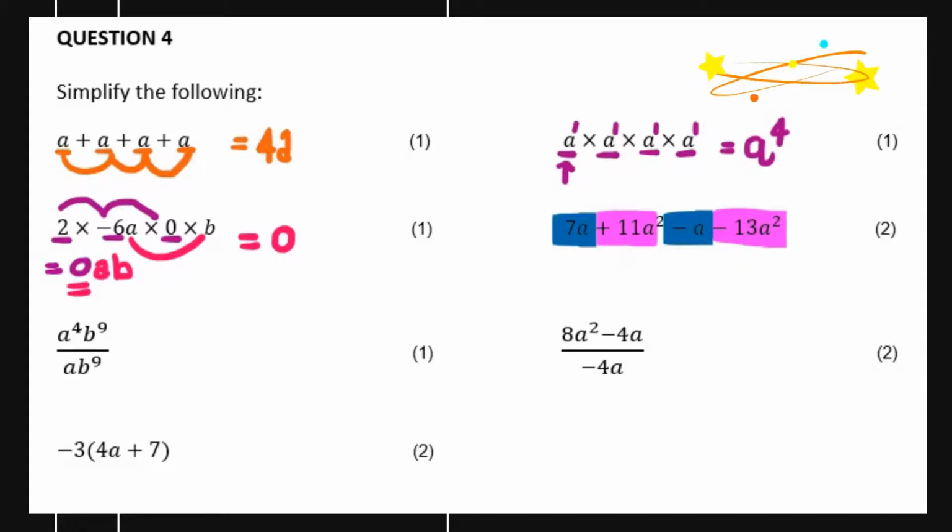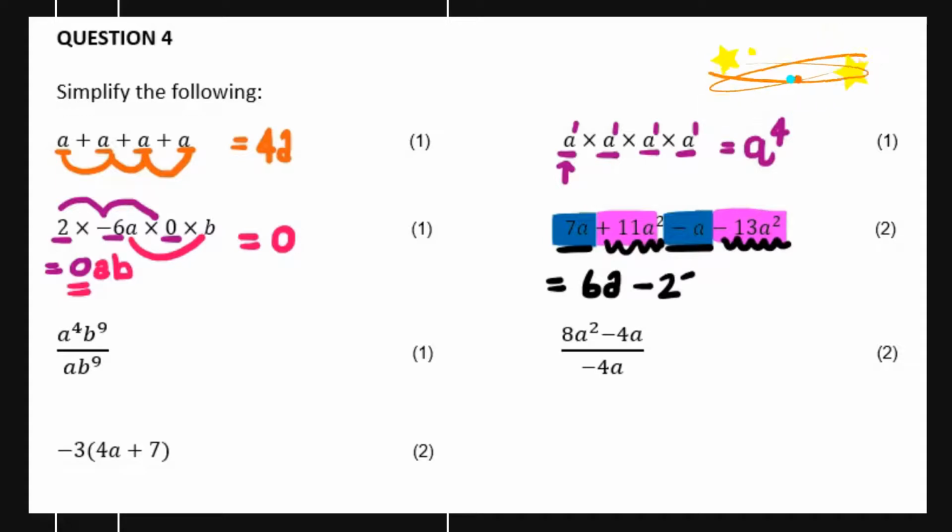So we start off 7a minus 1a is equal to 6a. We then go 11a squared minus 13a squared leaves us with negative 2a squared. We cannot add or subtract further because an a and an a squared are not like terms.